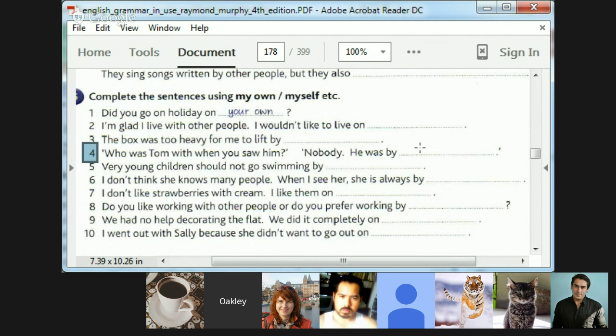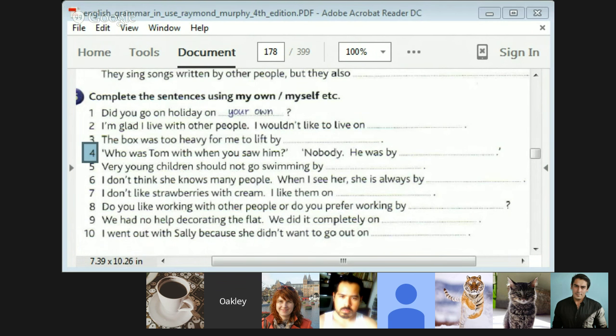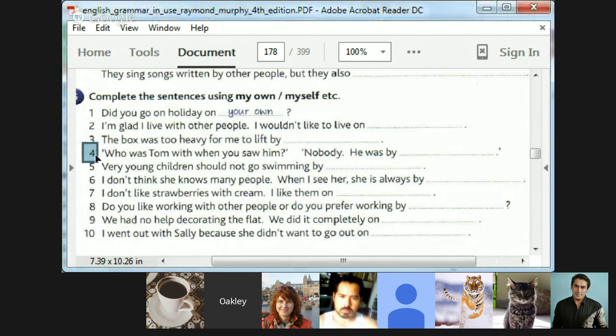Occasionally, I should add, just to add even more emphasis, we might say, for example, he was all by himself. We might add all to emphasize even more that he was alone. It's not necessary to use all at all, but it is common.